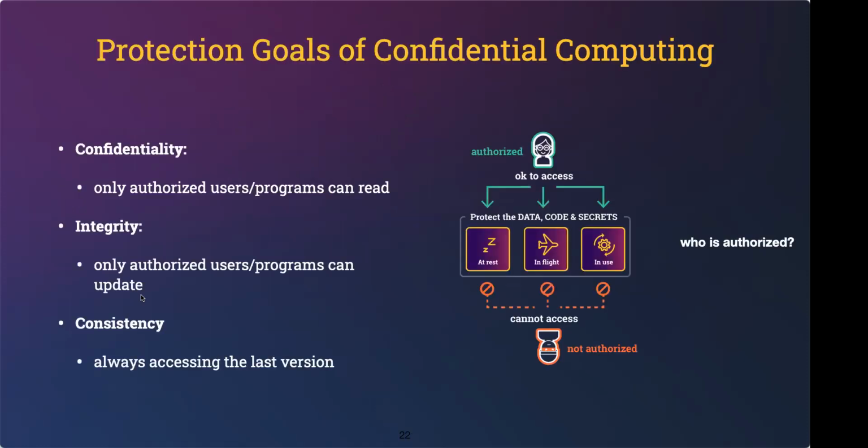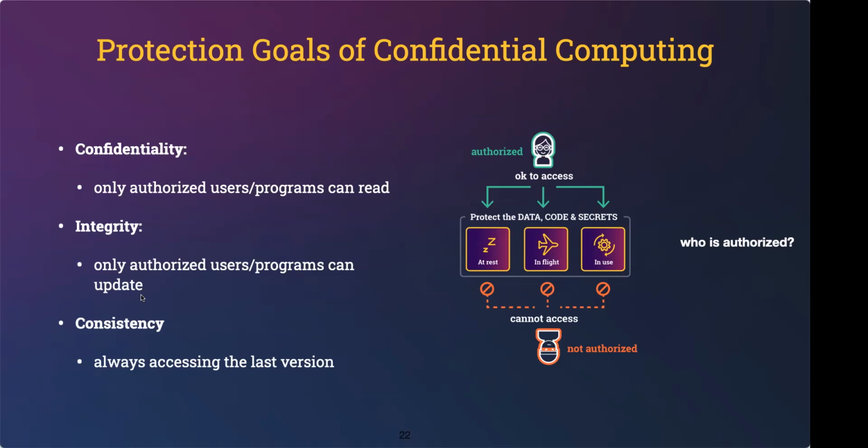So in confidential computing, we somehow need to define who is okay to access certain data, code, or secrets. Data, code, and secrets could be persistent, so on disk. Typically, we have some role-based access model in systems like Kubernetes.